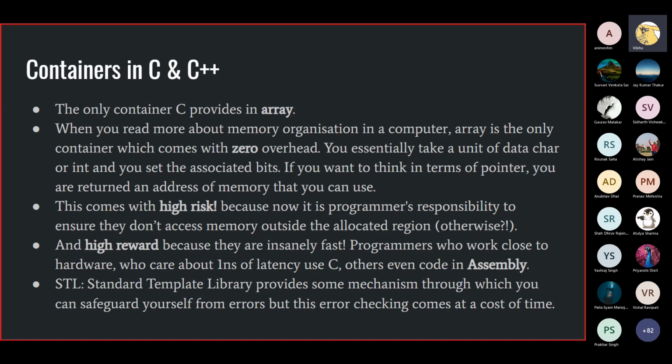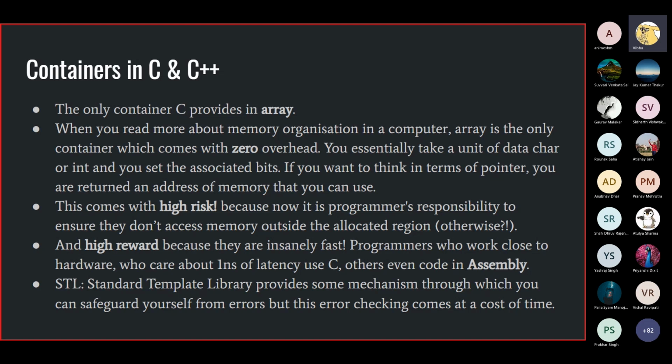But I don't think most of us as programmers really care about 1 nanosecond of latency. What we really care about is that fellow programmers understand our code and get some idea of what we are trying to do when they see it. So STL is basically a set of predefined functions or capabilities that help you safeguard yourself from errors.